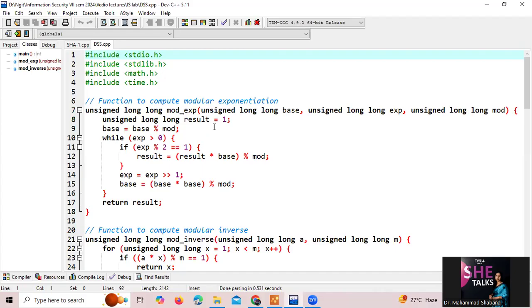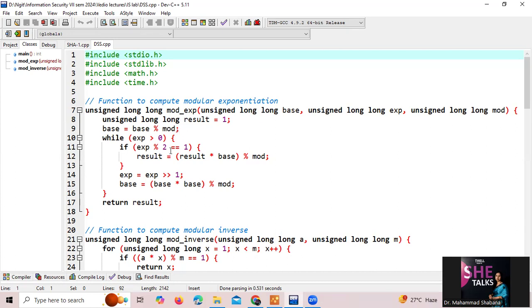So this is a function to compute modular exponentiation. It efficiently calculates base raised to the exponent mod m. Base percent mod ensures the base is within the modulus range.